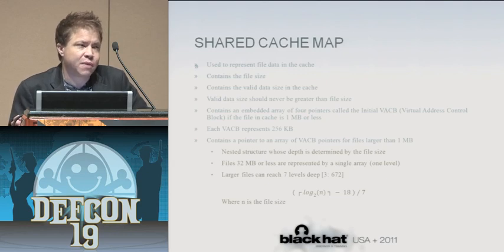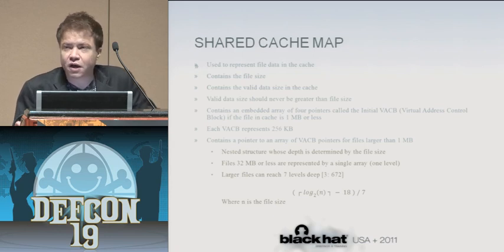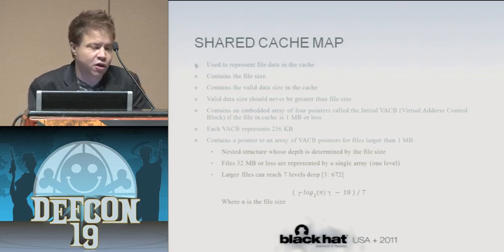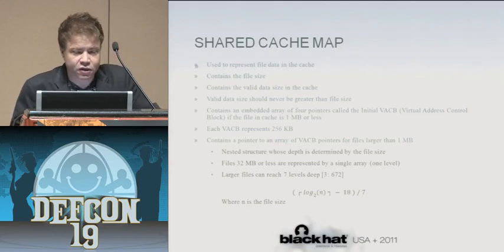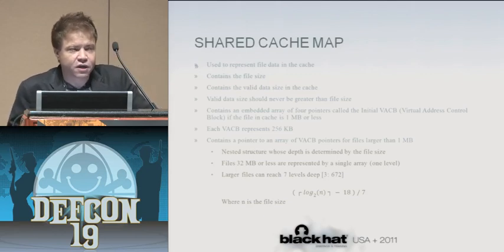Now again, that may be nothing, or it may be more or less the whole file. It really all depends. So the shared cache map structure is actually defined by Microsoft and in WinDbg. It contains the file size, the amount of valid data within the file, within the cache. The valid data should never be larger than the file size, because if that happens, then you're actually looking at uninitialized data.